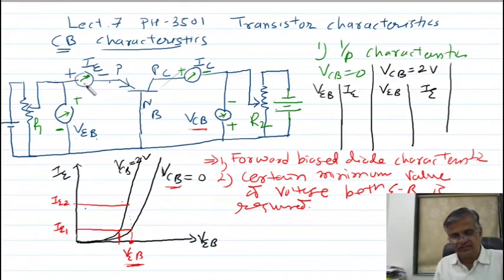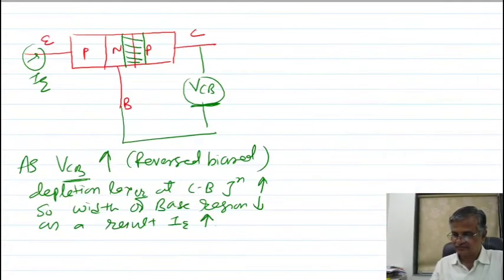So keep this fixed, say 2 milliampere. Output characteristics. I am keeping ammeter current fixed.